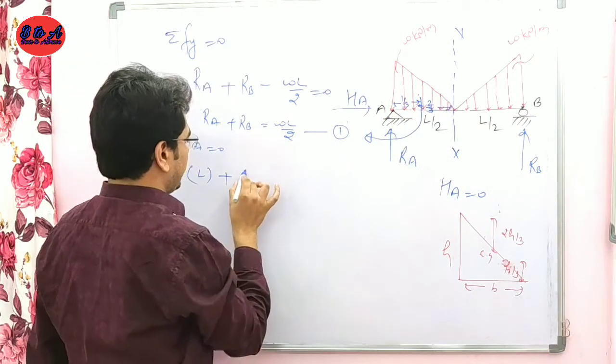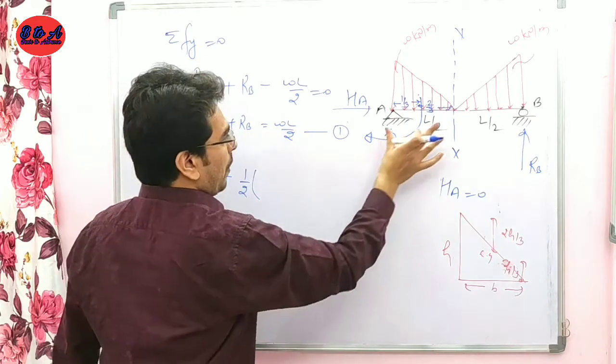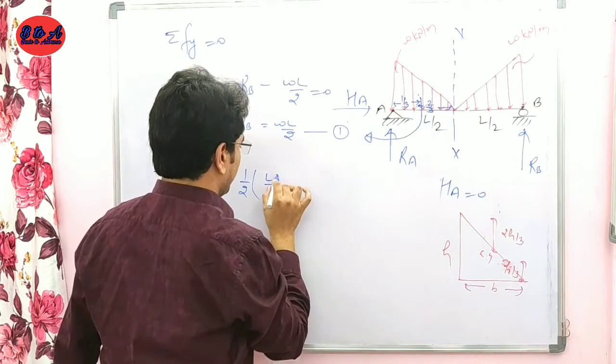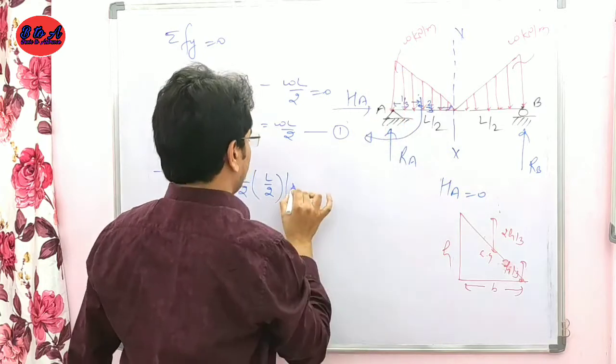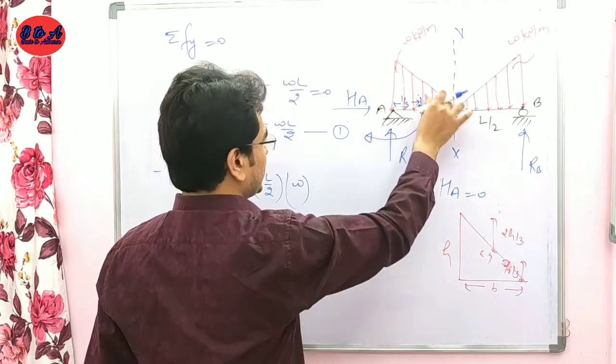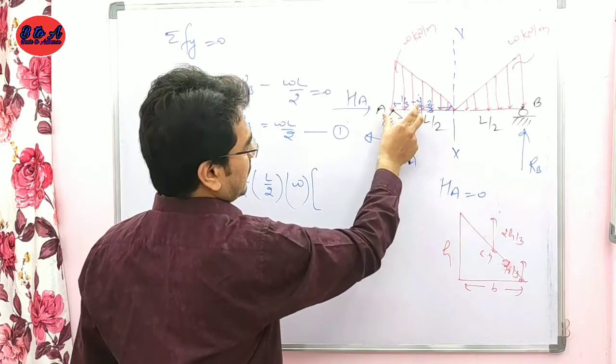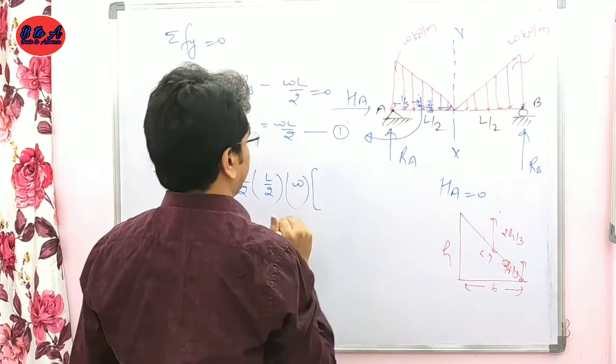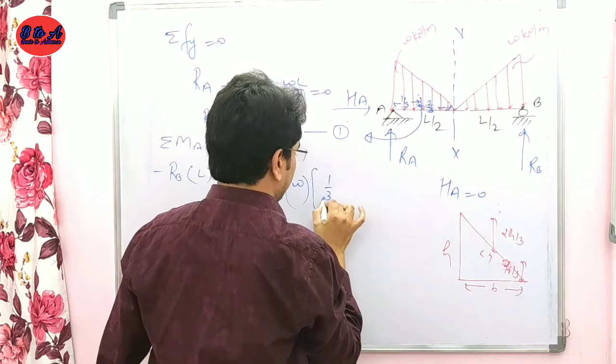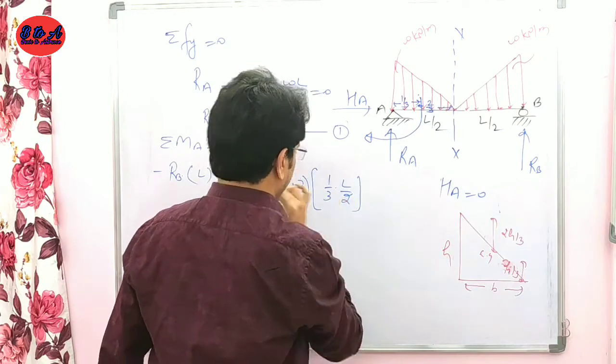So area of this triangle is 1/2 of base, that is the L/2, height, that is the W. This is the total load due to this triangle. Now it will act at a distance of 1/3 of this, that is the 1/3 of L/2. This one.